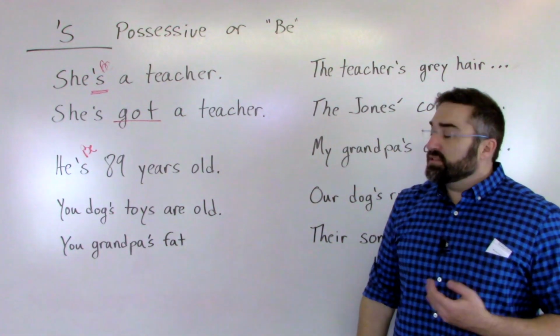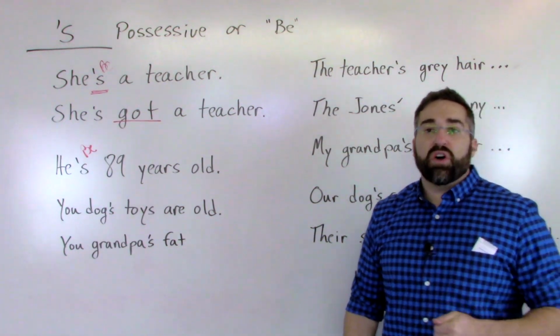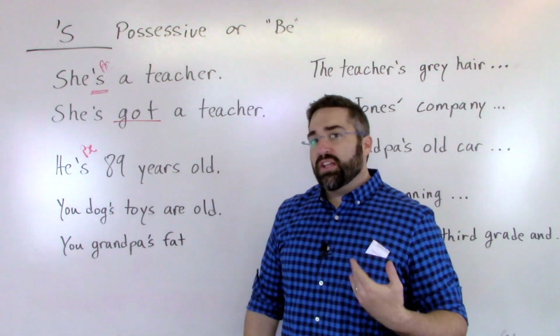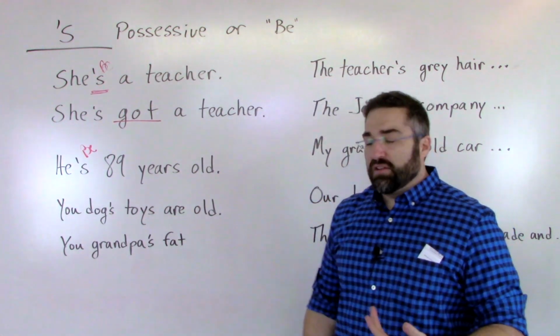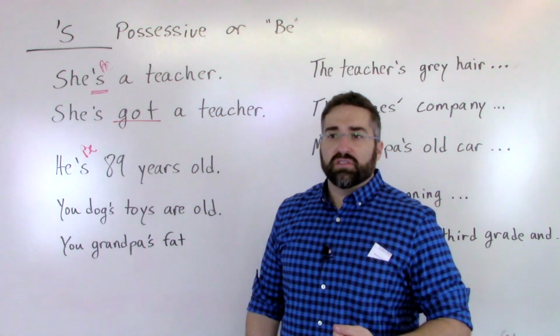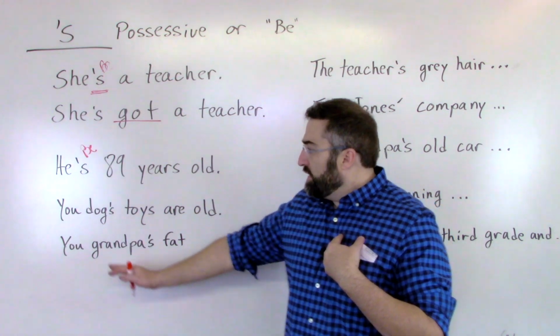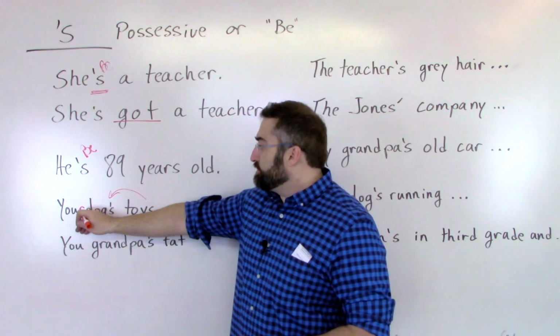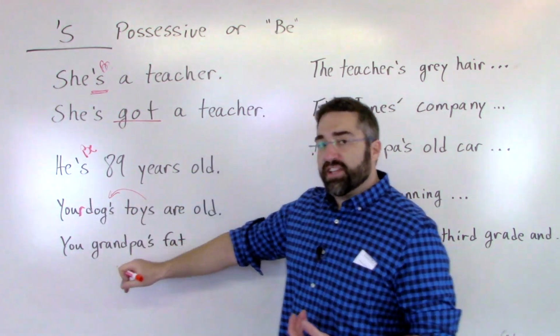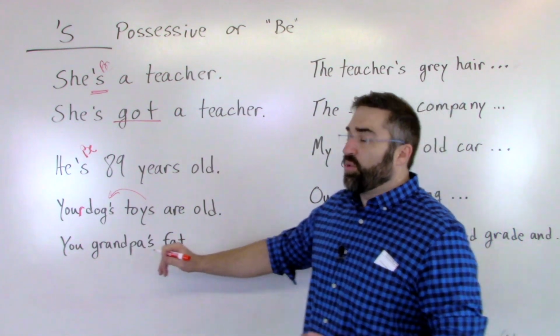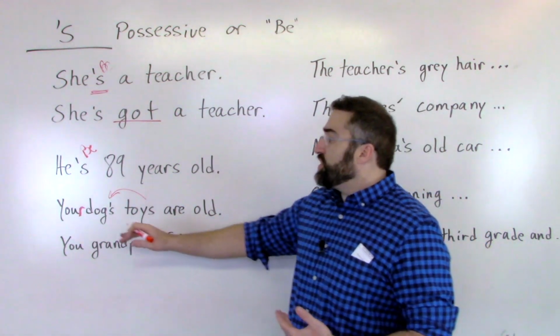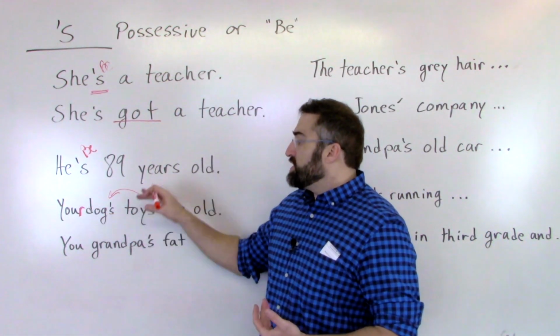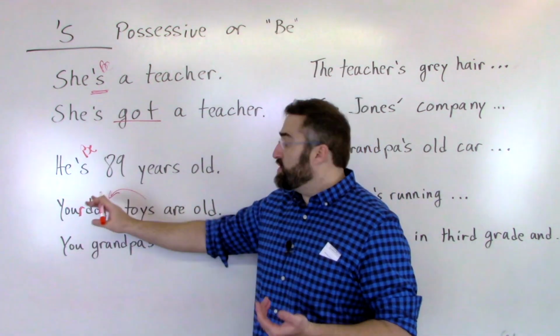Your dog's toys are old. Now we can quickly look at this sentence and understand, well, whose dog? Your dog. Oops, I forgot to put a your. Let me correct my mistake there. It's actually your dog's, not you dog's. So your dog's toys. We asked the question, whose toys?